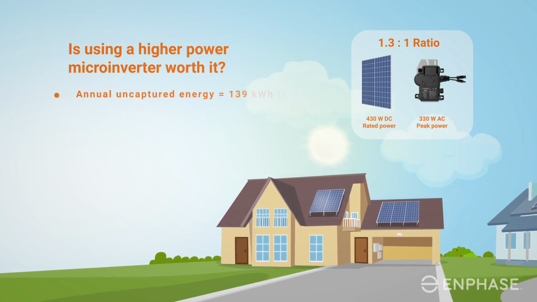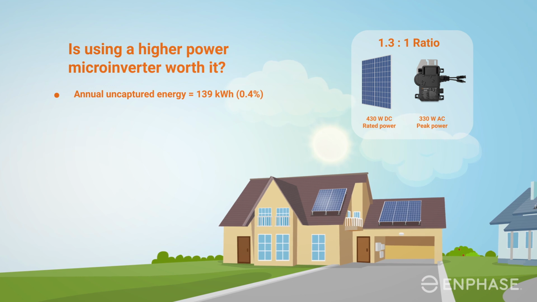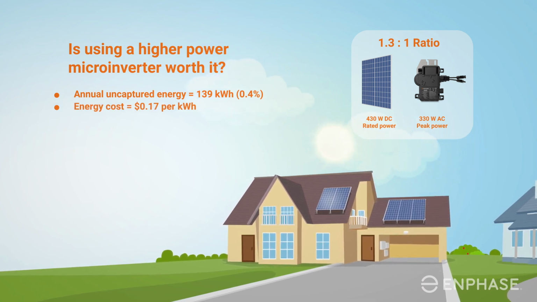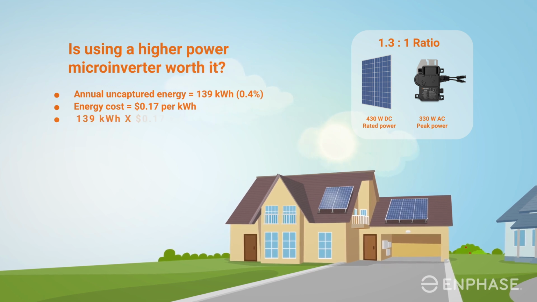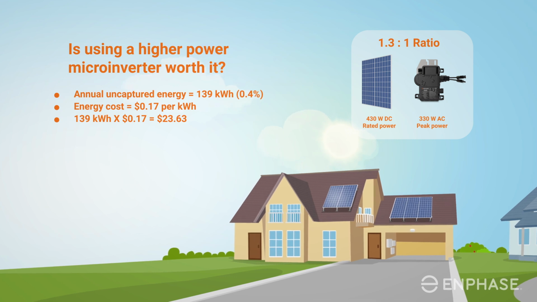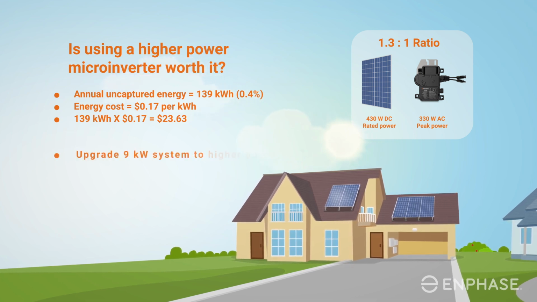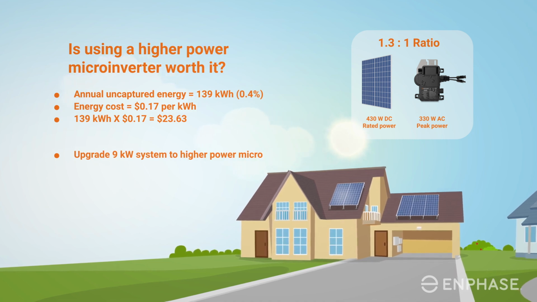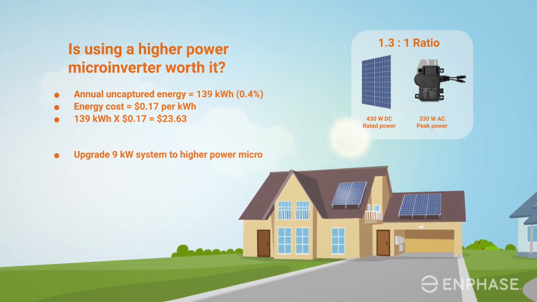The estimated uncaptured energy is 139 kilowatt hours per year, and the average cost of energy is 17 cents per kilowatt hour. The total value of the uncaptured energy is $23.63 in the first year. Now let's calculate the cost of using a higher powered microinverter to see if it would be worth it in order to capture 100% of the potential energy production.